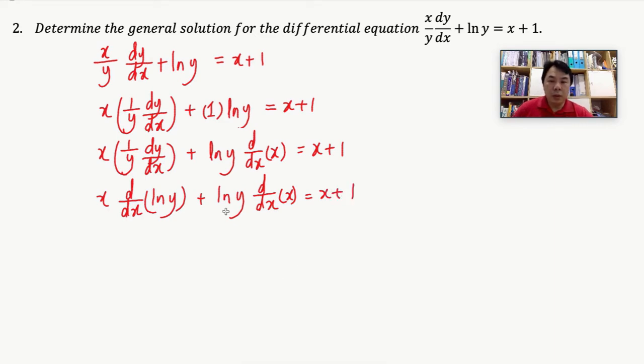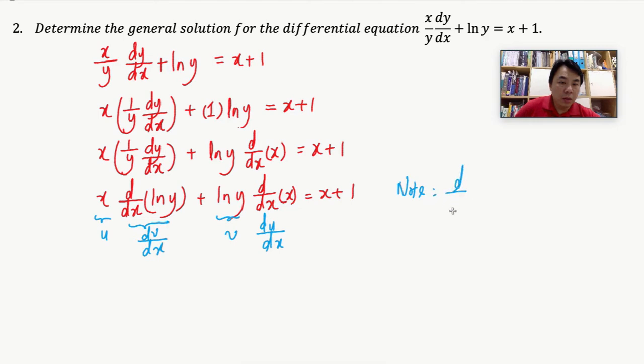Okay, and then from here you will straight away recognize that it has something to do with the product rule, where this term is a u, whereby this term is a v, and then this part here will be dv/dx, whereby this term is du/dx. So as a reminder, I'm going to write down at the side here.